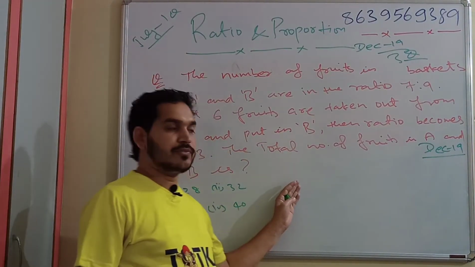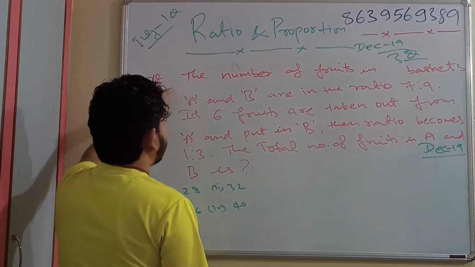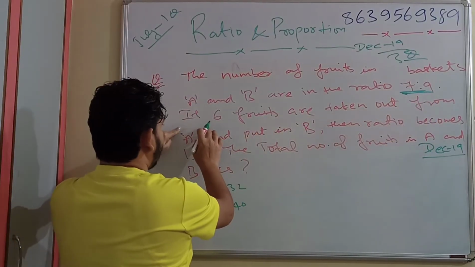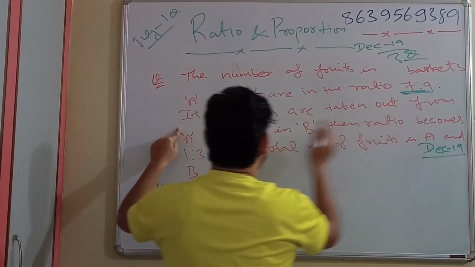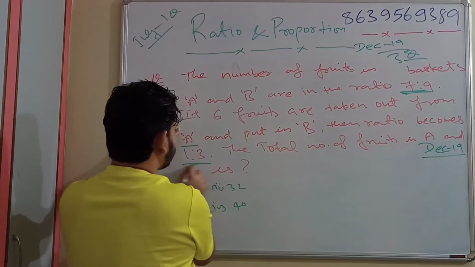Okay, so this is one question which is asked in December 19. Let's say the number of fruits in the basket A and B are in the ratio 7:9. If 6 fruits are taken out from A and put in B, then the ratio becomes 1:3.